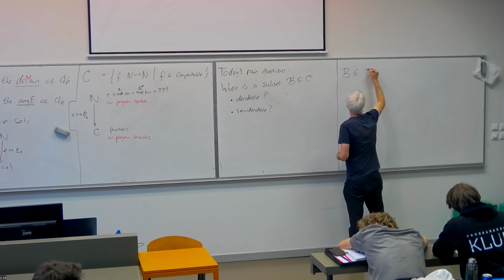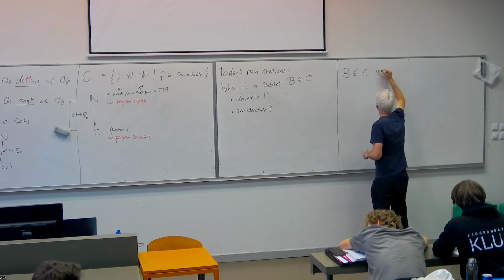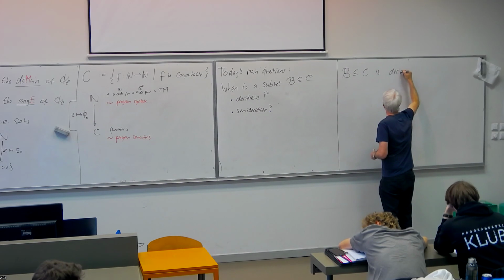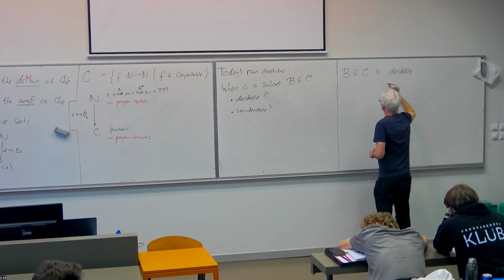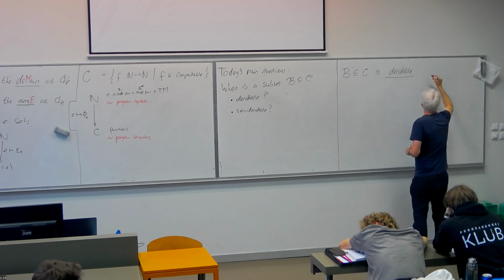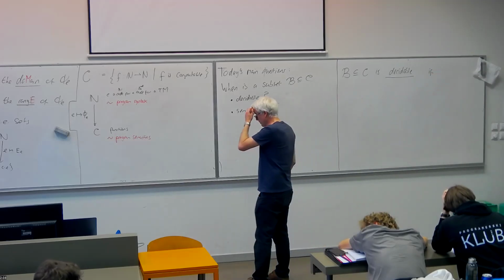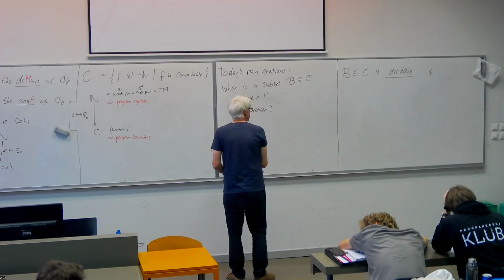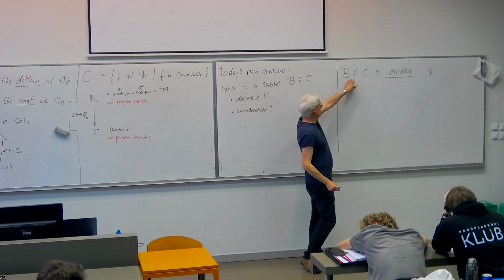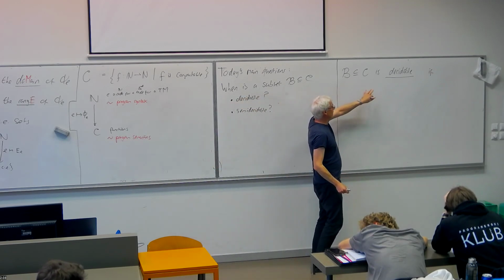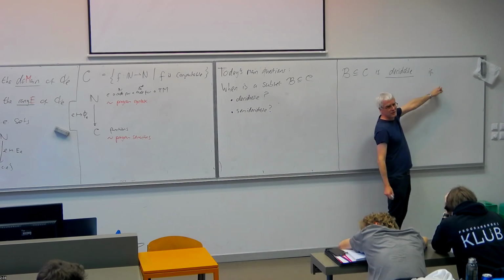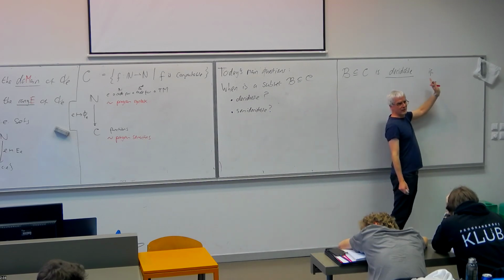B, a subset of C, is decidable. This is the definition. Here I'm going to put the simplest possible mathematical condition that's equivalent to this.